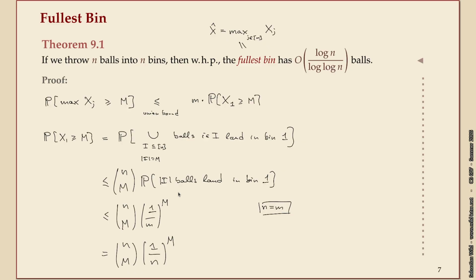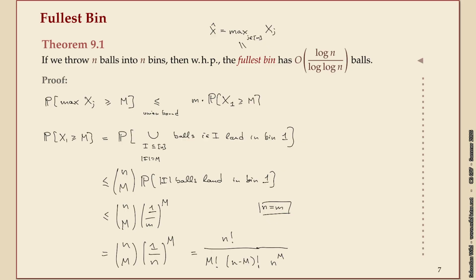If we unfold this binomial coefficient, then we can simplify this a good bit. This is n factorial divided by m factorial and n minus m factorial. That's just plugging in the definition. And then we have the n to the m down here.